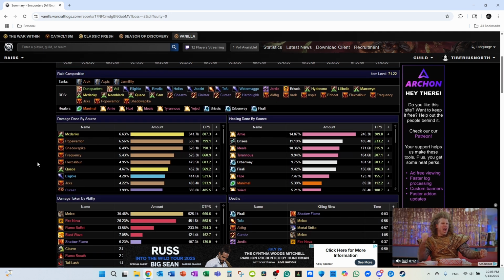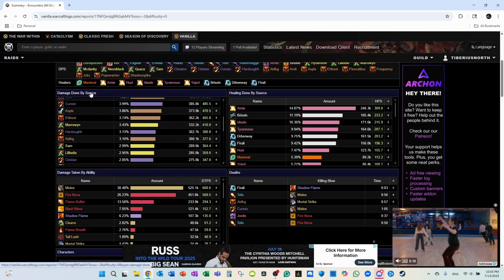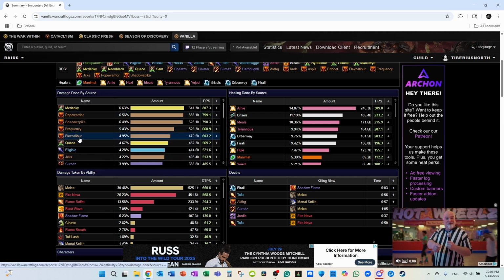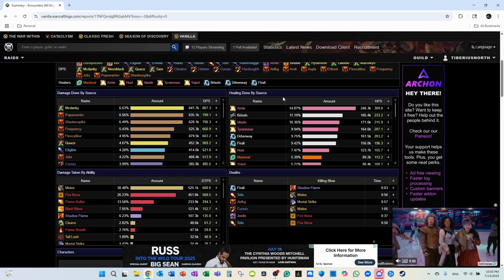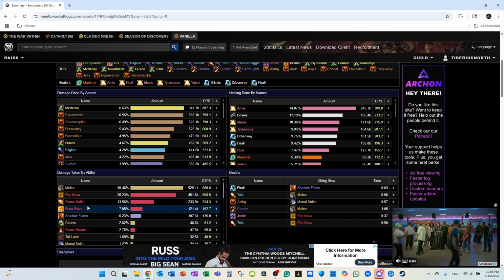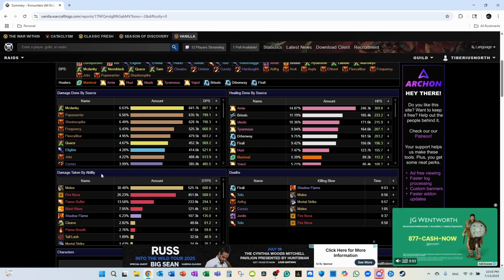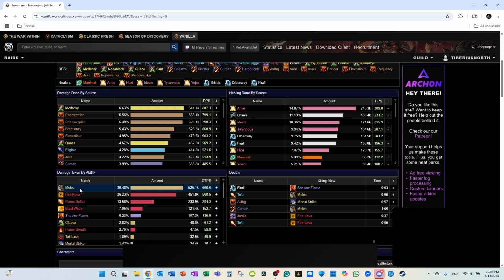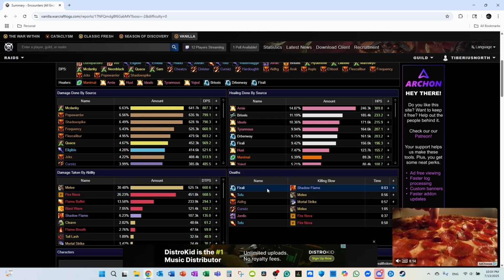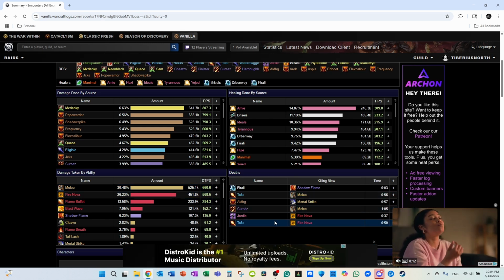And so it will also show you damage done by person or by player, healing done, damage taken by abilities, so like the enemy's abilities, and it'll also show you deaths, so who died and when did they die.